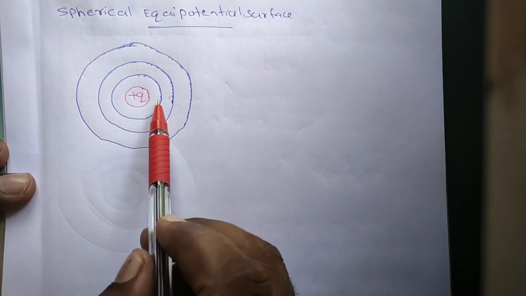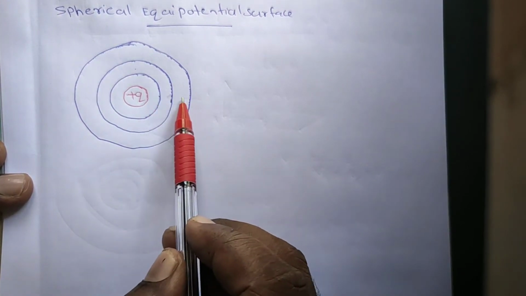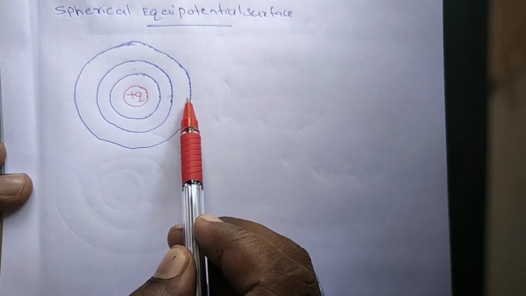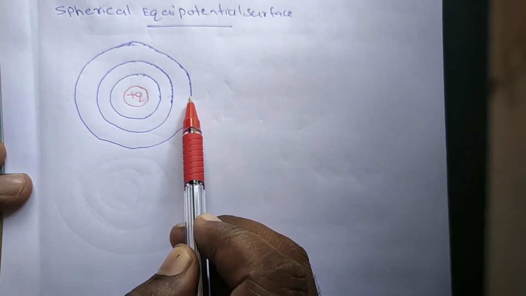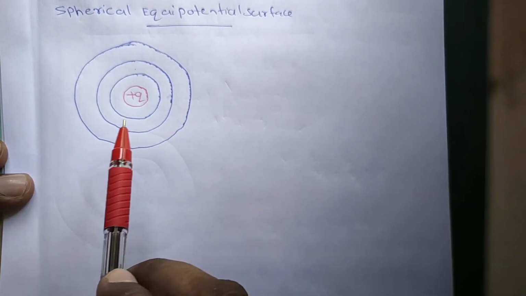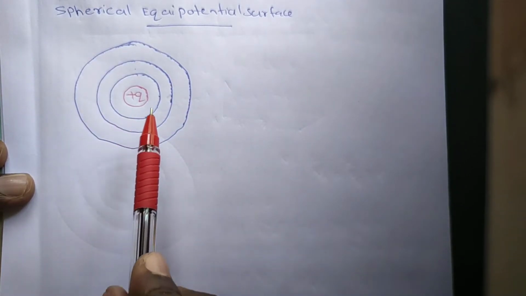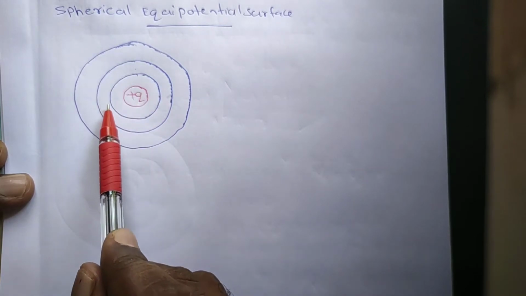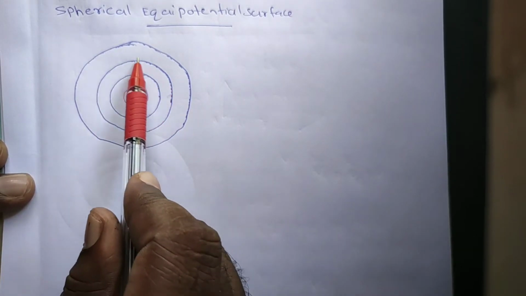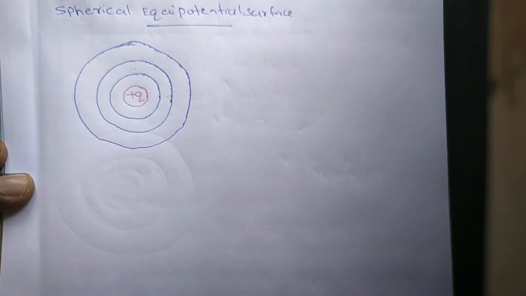Clear? So in these three surfaces, which surface has the highest potential value? Here I will consider one point, here one point, and here one point. Which point has maximum potential? The point nearby it. So this surface potential is maximum. Here it decreases, and here it decreases.